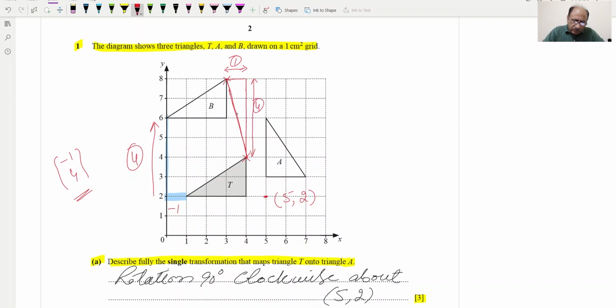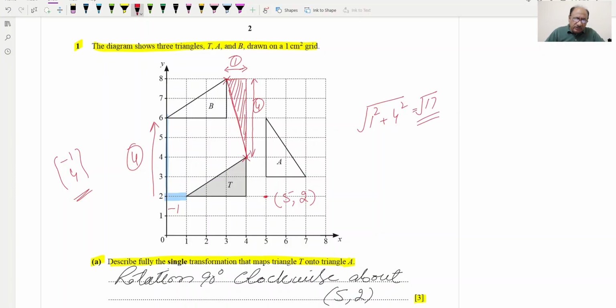So the hypotenuse of this triangle will be equal to what? This will be equal to the square root of 1 squared plus 4 squared by Pythagoras theorem. So this will be the distance moved, and which will be 1 plus 16 will be 17, under root.